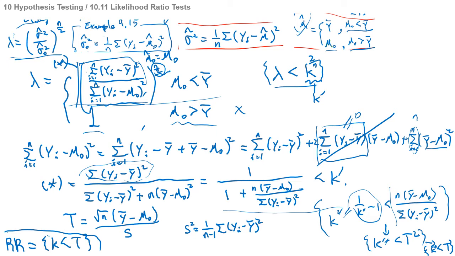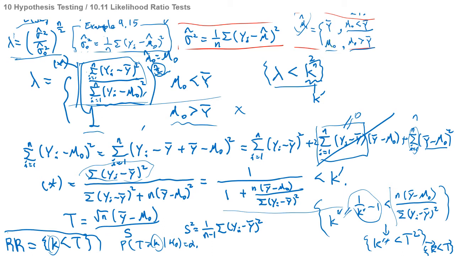Since you know the t distribution, you can calculate the value k from the t distribution. Given the alpha level, you can calculate the probability of t is greater than k under h0. This is alpha, and so you can calculate k, and you can do the likelihood ratio test.